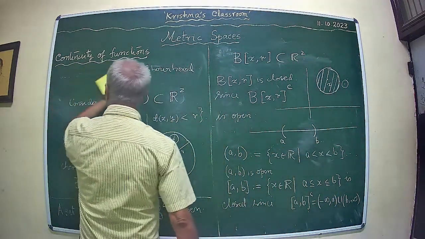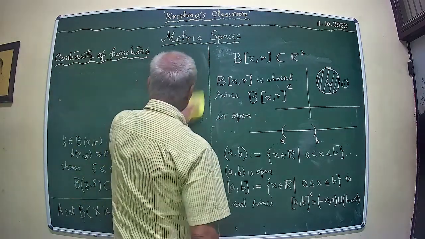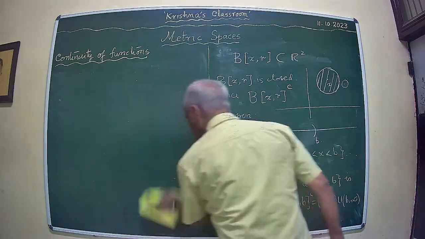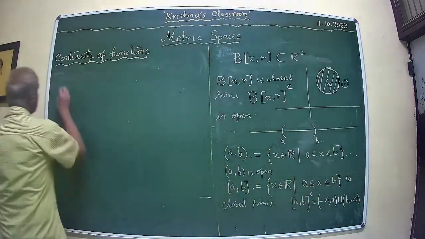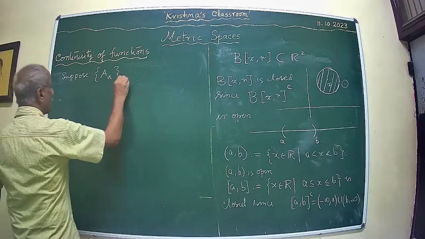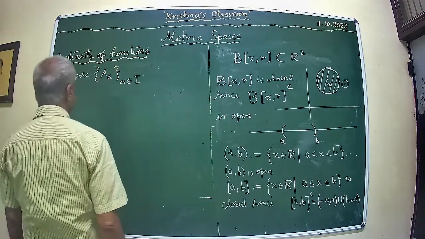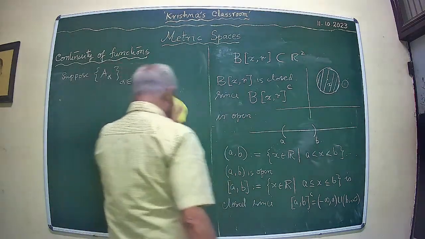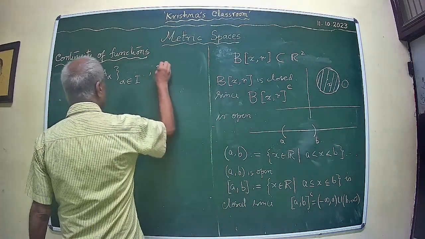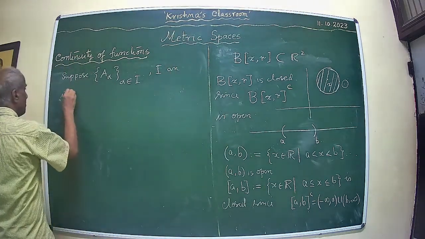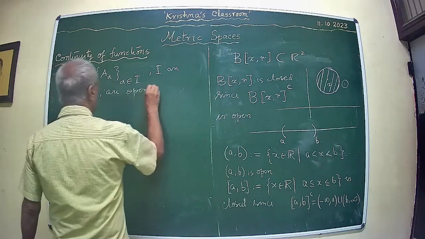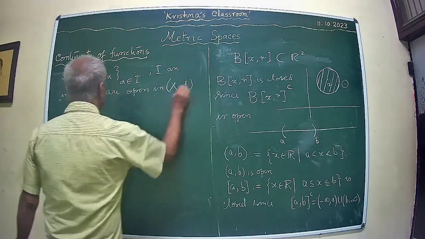Now one of the results which is very significant is that suppose A_i, i in I, where I is some index set, not necessarily countable or finite or any such thing.